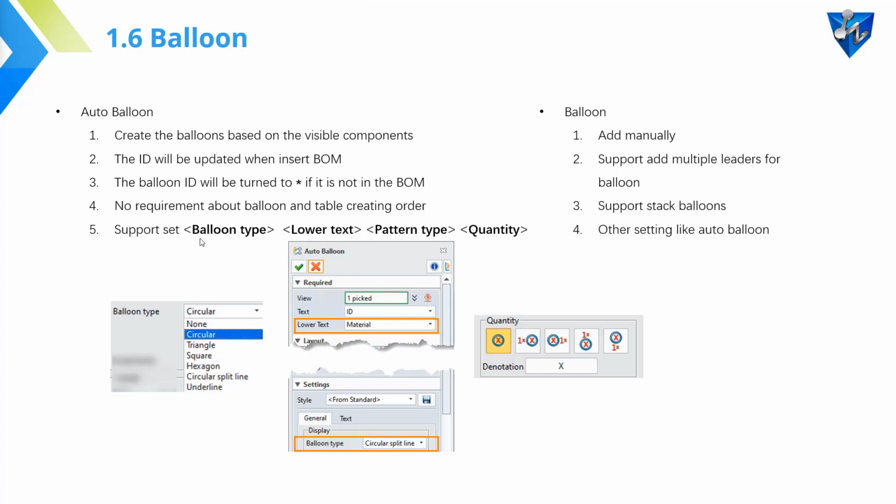We can set the balloon type, lower text pattern type, quantity, display mode. And also for the balloon, we support adding multiple leaders and also the stack balloons. So that's all for the assembly 2D drawing.